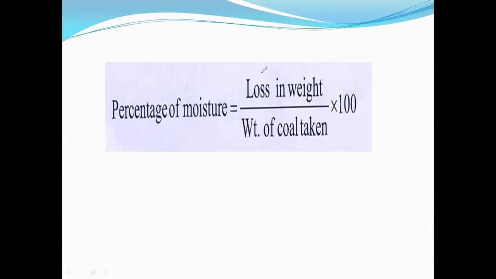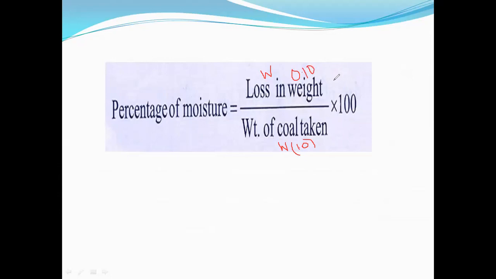That means we find the loss in the weight of the coal sample divided by the weight of the coal sample, multiplied by 100. Suppose the weight of the coal sample is 1 gram. The loss in weight is 0.10 gram, so the net weight is 0.90 gram.